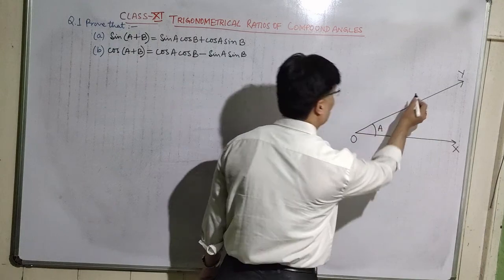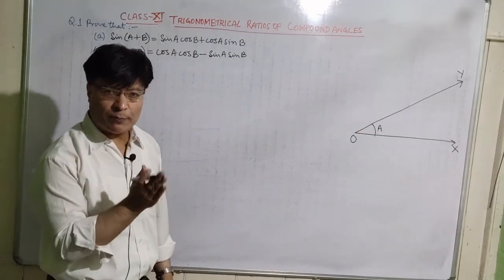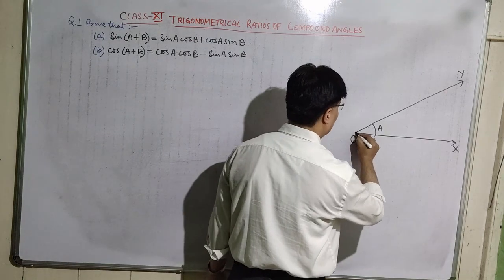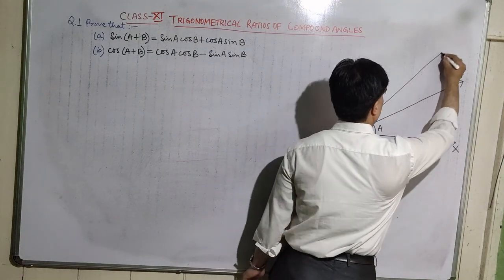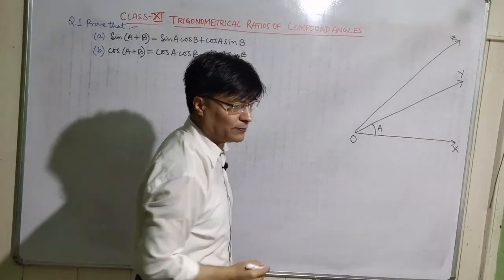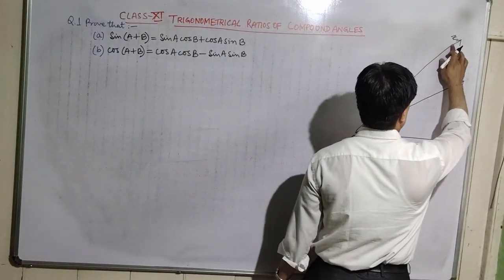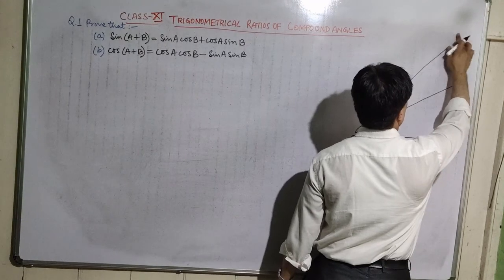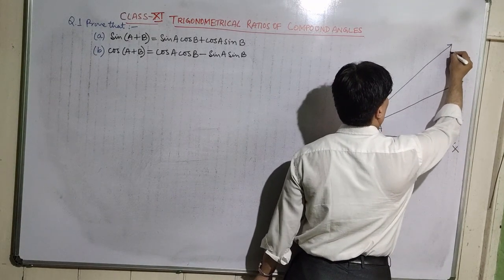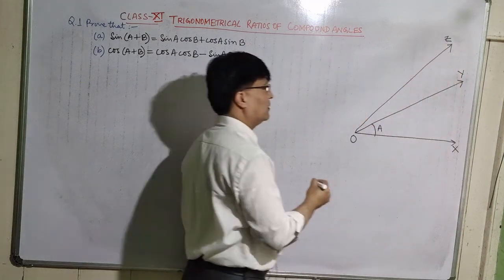Suppose this OY line revolves further and traces out another angle, OZ. So you have to use ruler and pencil, okay? While drawing this figure, use ruler and pencil. Is that clear?